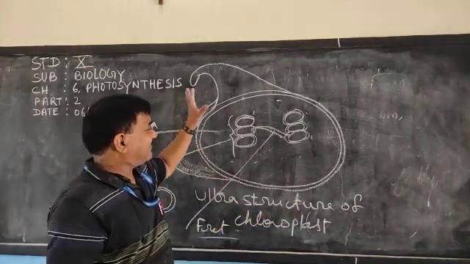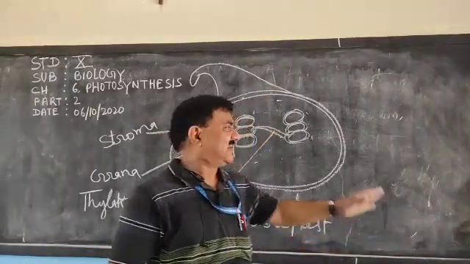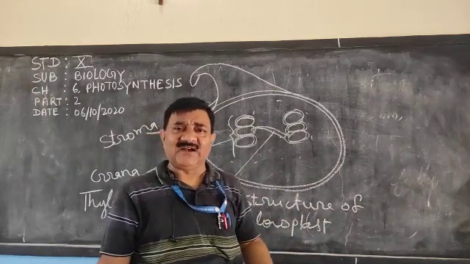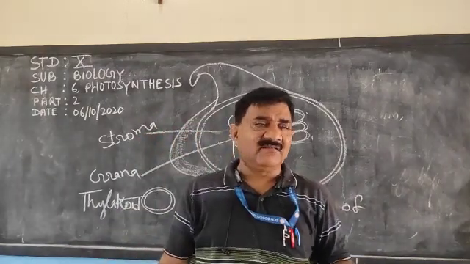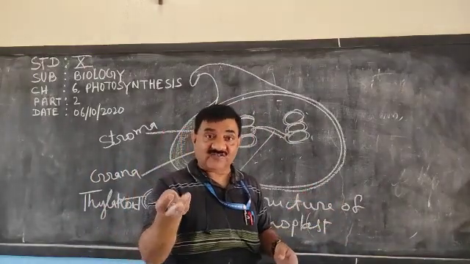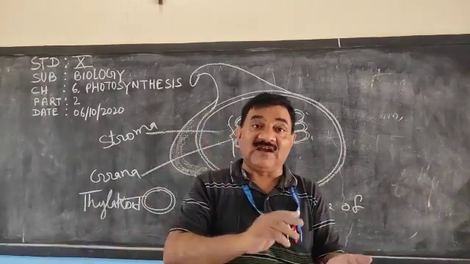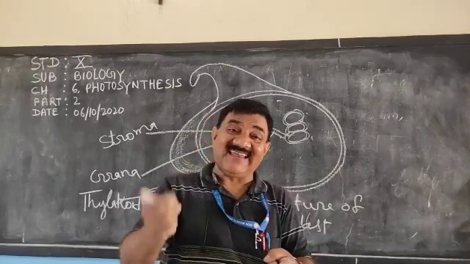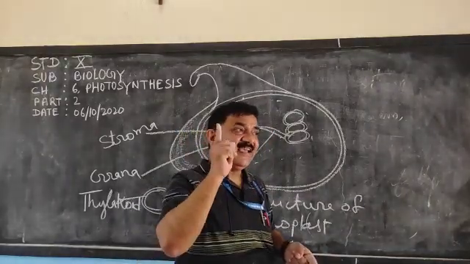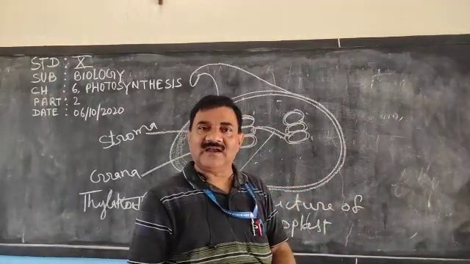Now the question arises: we have understood the location of chlorophyll, what is the location of the chloroplast? Where is this plastid located? In all the green parts of the plant. Naturally in the leaves, between the upper epidermis and lower epidermis, in the palisade and spongy mesophyll cells, this chloroplast is located.